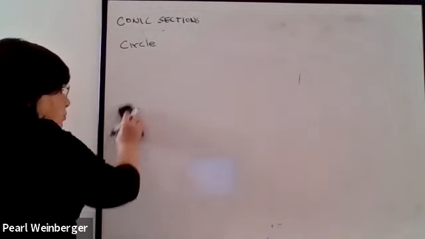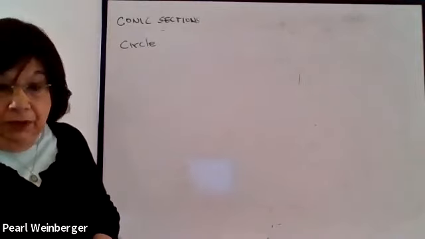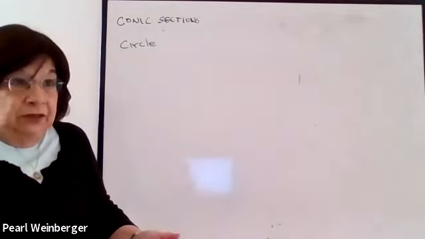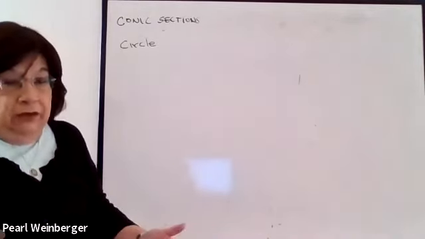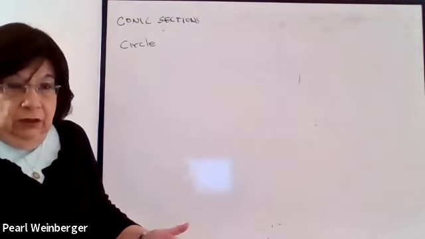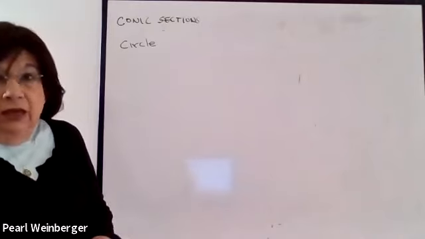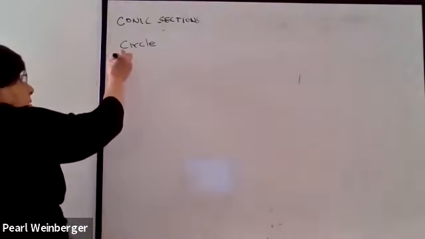So I'm going to do this in 2 steps. I'm first going to talk about the very simplest types of circles, just like the simplest kind of line is y equals x. The simplest type of circle is a circle where the center is at the origin.